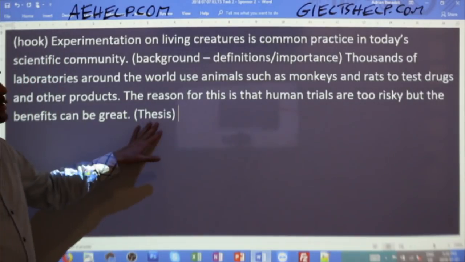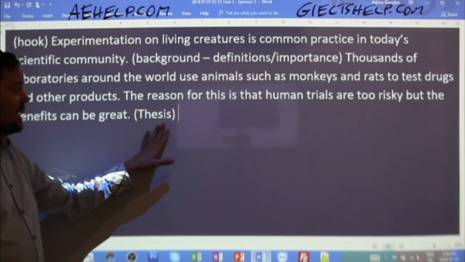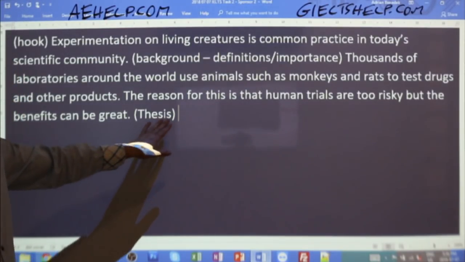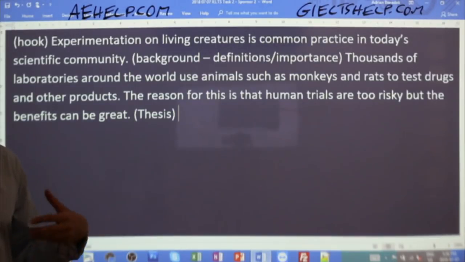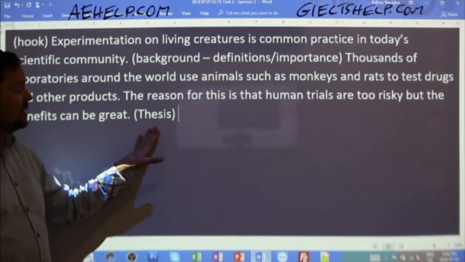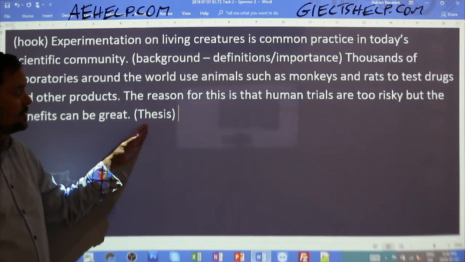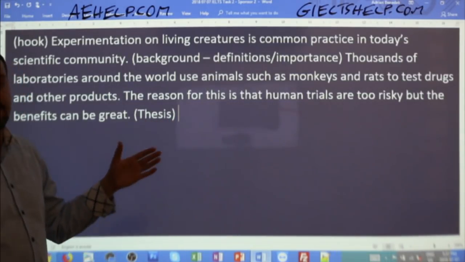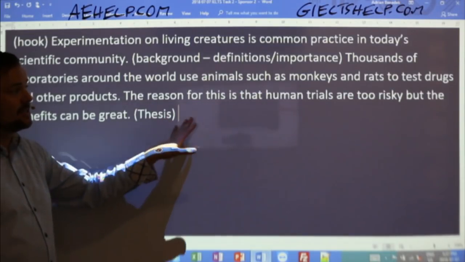All right, thesis. Girls and guys, remember, as always, a good thesis will make a good essay. A bad thesis will make a bad essay. A thesis, for those of you watching who are not sure what that is, it's basically your argument, okay? It's your 2 points that will make up your body paragraphs. It's very, very important to have a strong thesis in your introduction.